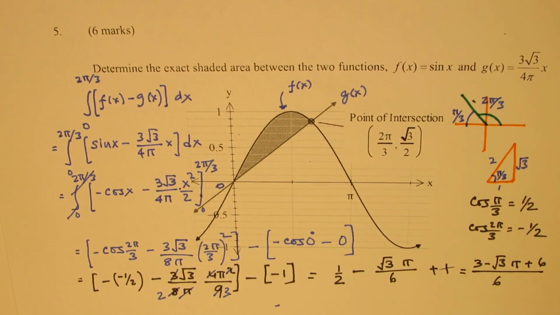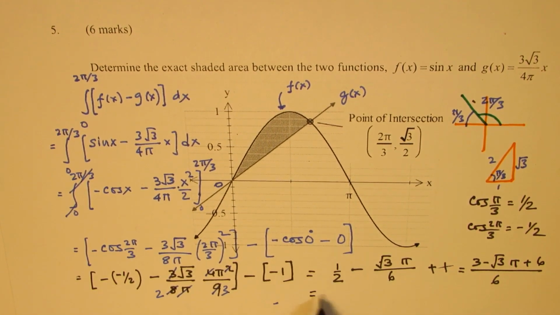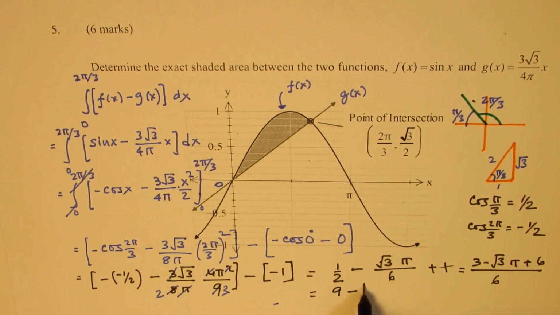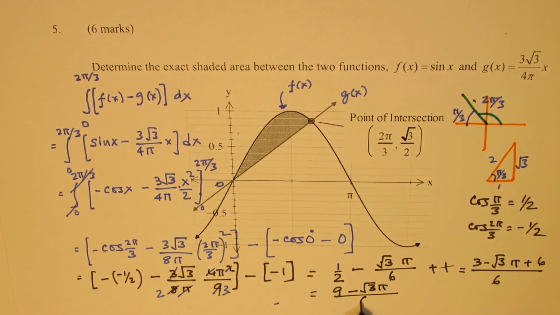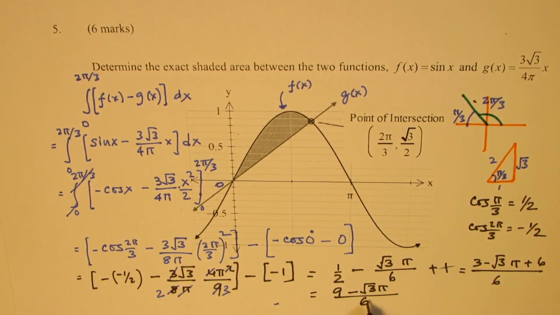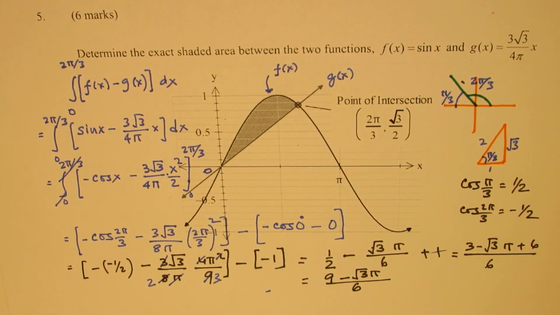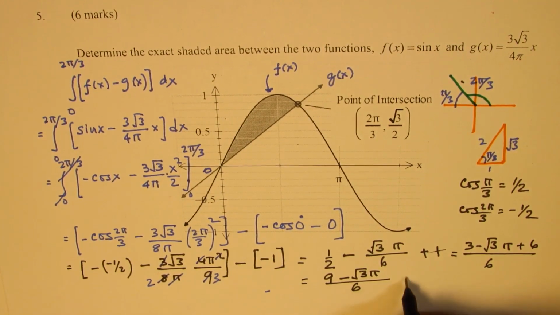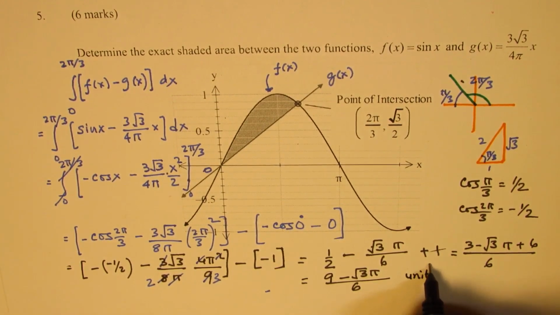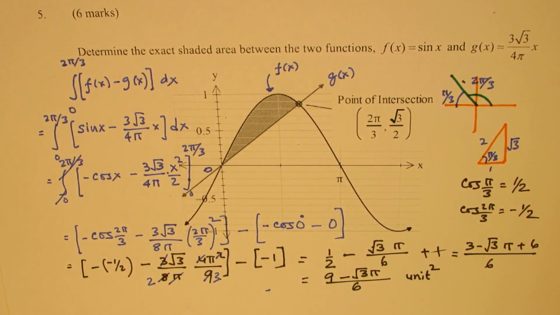So finally, we get our answer, which is 9 minus square root 3 pi, all over 6, right? Okay. So we could write this as our final answer for the area, and units squared will be better to write here. Is that clear to you, right? So that is how we are going to solve this particular question.